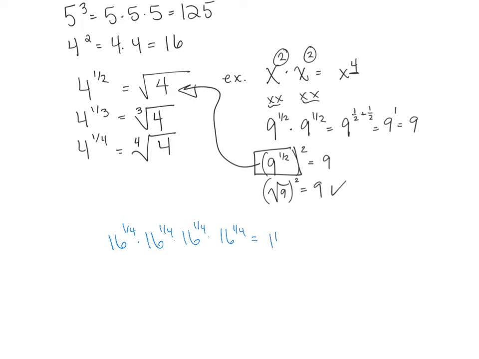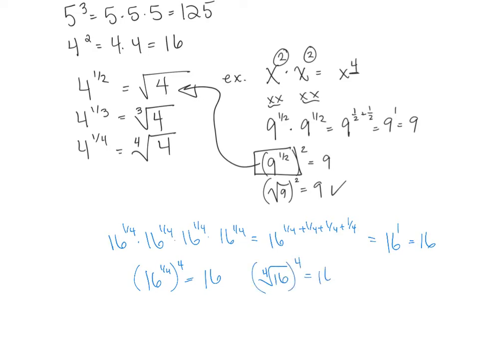Well, that's really just 16 to the 1/4 plus 1/4 plus 1/4 plus 1/4, which will equal 16 to the first power, which is 16. So when we multiply 16 to the 1/4 out 4 times, this is going to be equal to the number 16. So we know that the fourth root of 16, to the 4th power, is 16. So all our definitions are matching up.